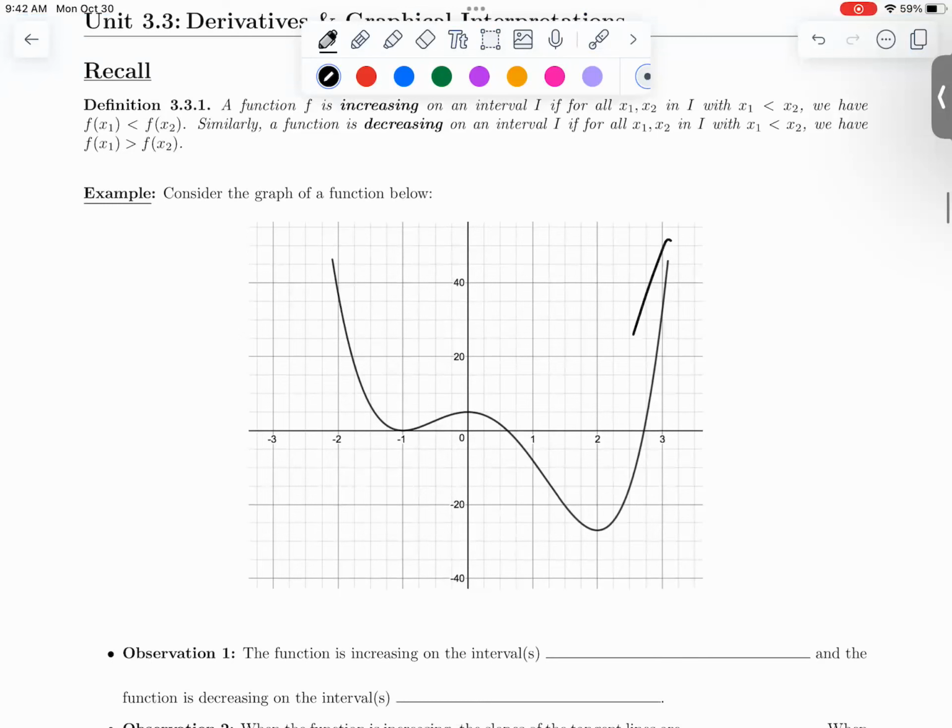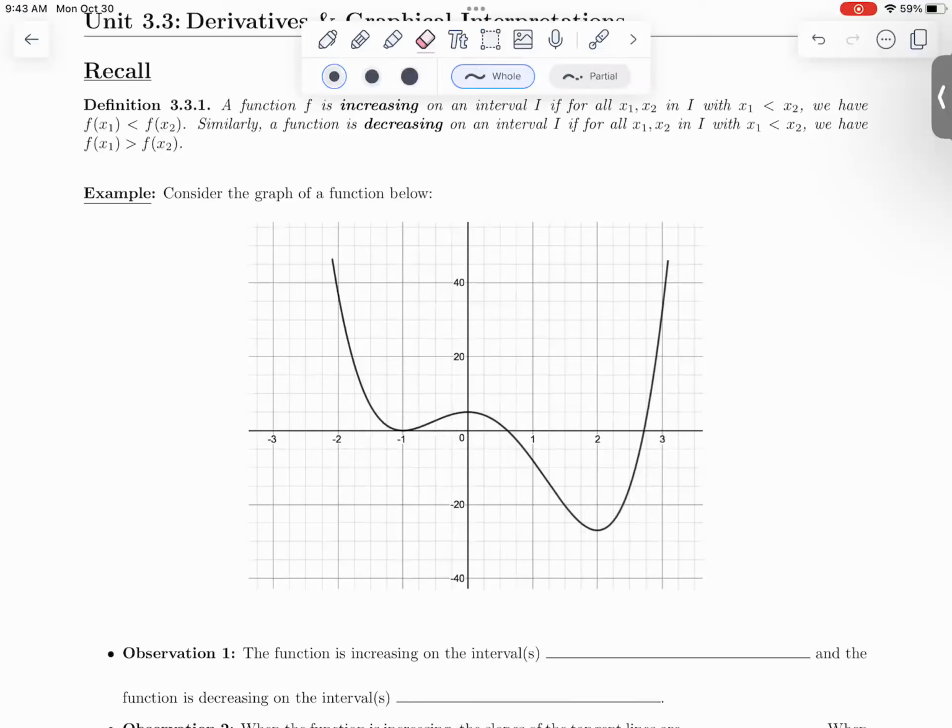So it's increasing over here and increasing here. Where it's decreasing, if you have x1 less than x2, then f of x1 is greater than f of x2, so your y value at the left is larger, so that you're going downhill.